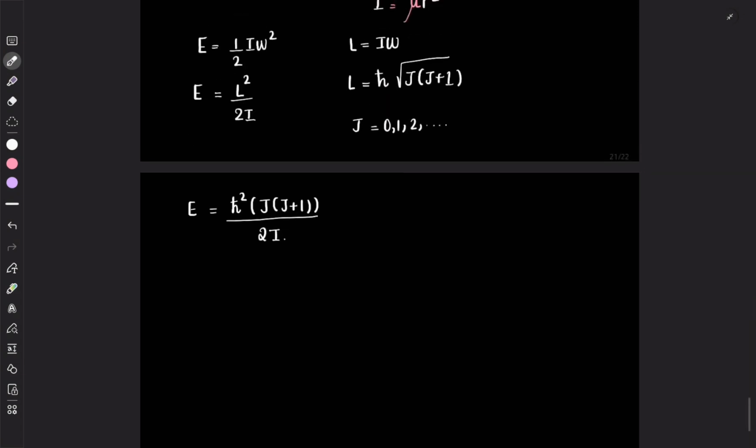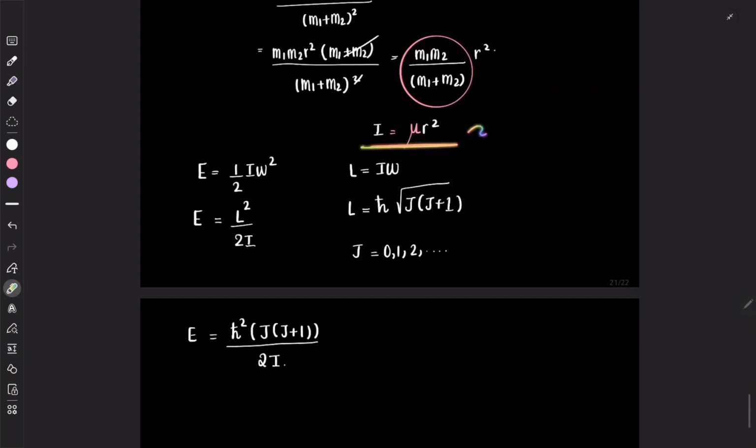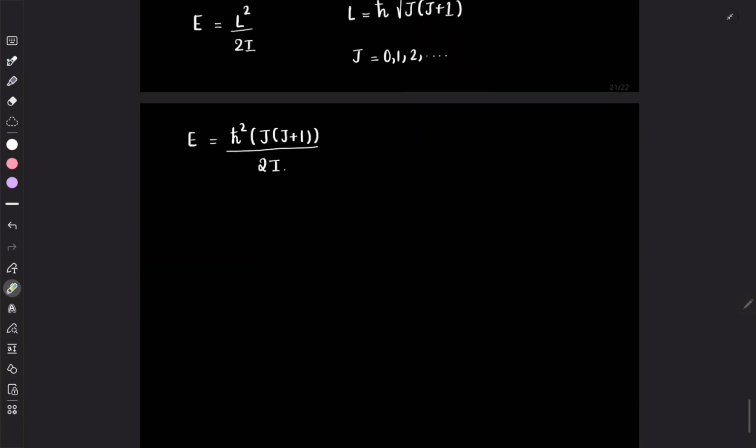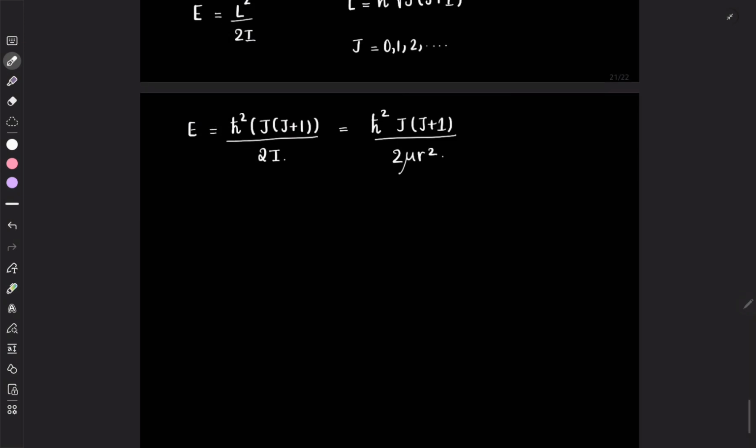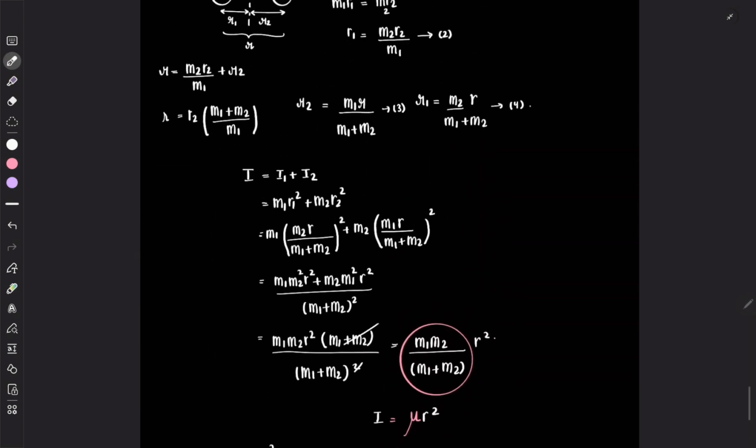Here I can be written as mu r square. So this becomes h cross square j into j plus 1 divided by 2 mu r square. Okay, this is the final equation.